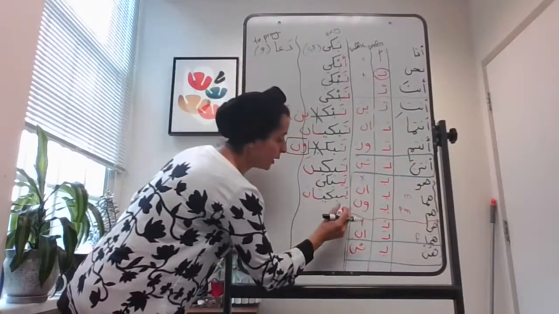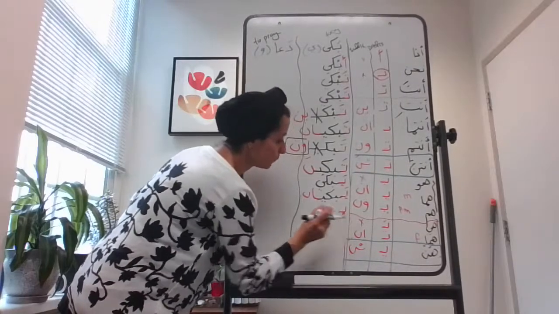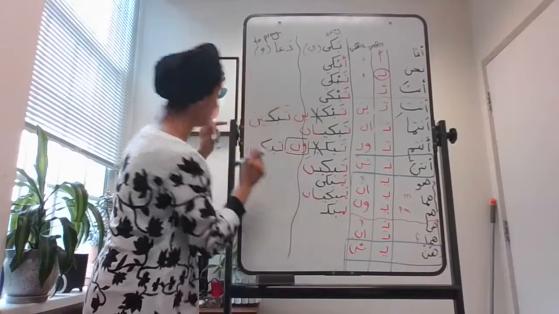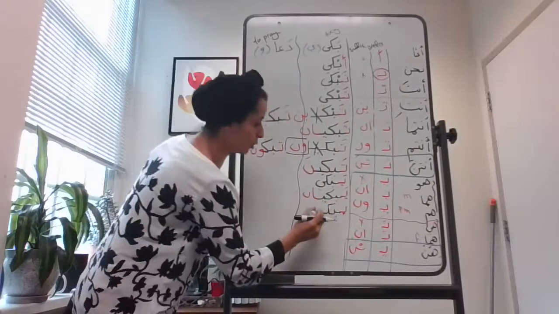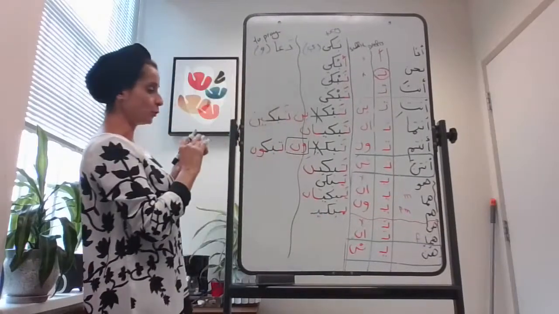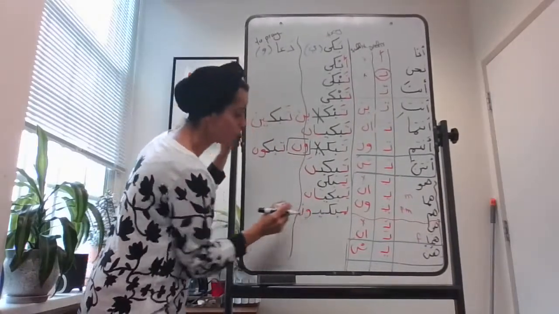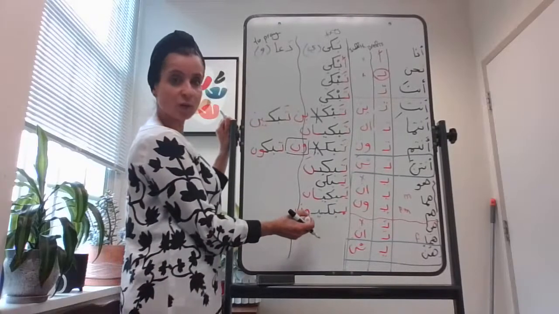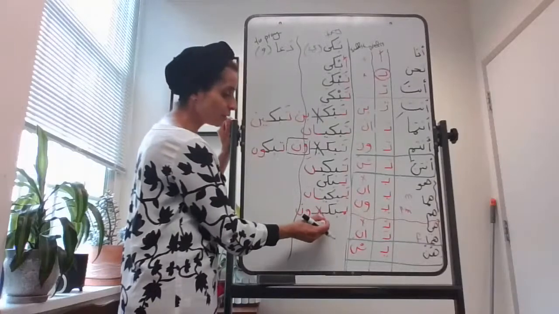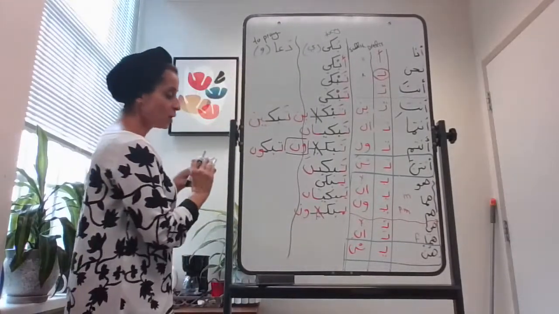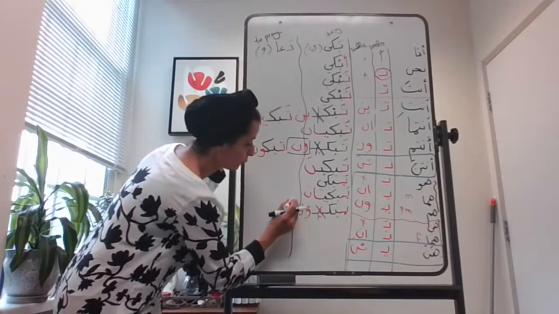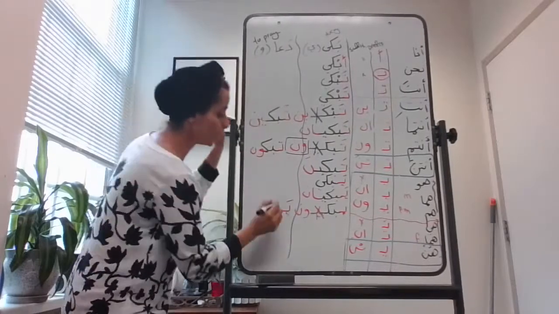You have the prefix, and then I have the third root and the suffix. Again, the suffix is more important than the vowel, so we get rid of the vowel and keep the suffix. So hum yabkuna.